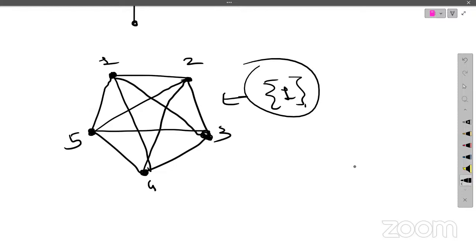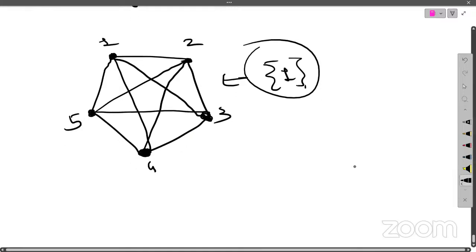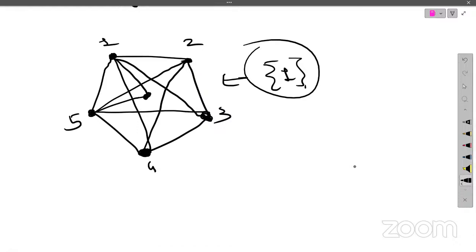What if there's a star, with a center vertex and all the other vertices connected to it? Then also the independent set will be the same, because again every vertex is connected to every other vertex. So here also there will be only one.